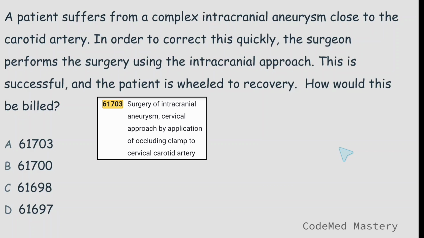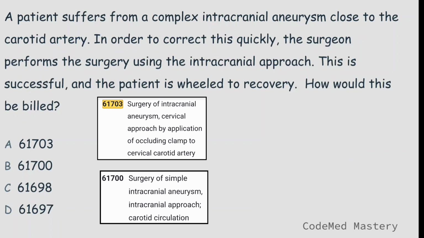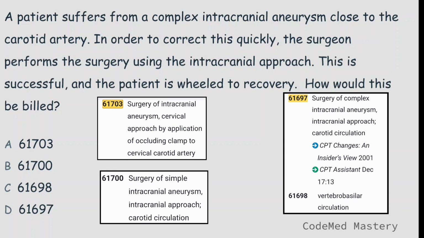Option B, 61700, is for surgery of simple intracranial aneurysm, intracranial approach, carotid circulation. Option C, 61698, is for surgery of complex intracranial aneurysm, intracranial approach, vertebrobasilar circulation. And option D, 61697, is for surgery of complex intracranial aneurysm, intracranial approach, carotid circulation.